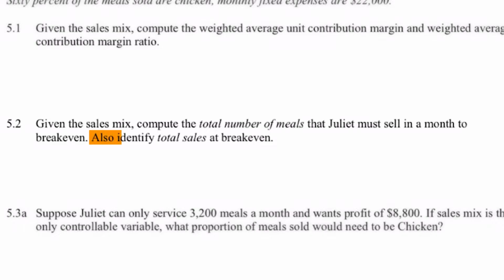And it says also identify total sales at break even. We have to identify how many sales we're making at break even. So what we want to do here is find the weighted average selling price and multiply it by 2,500, because 2,500 is not just chicken or just jumbo. It's a combination of both.